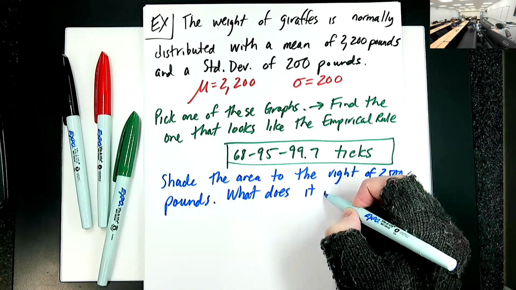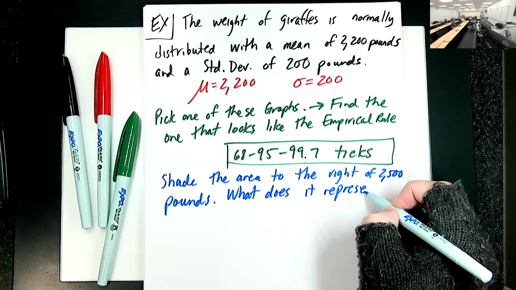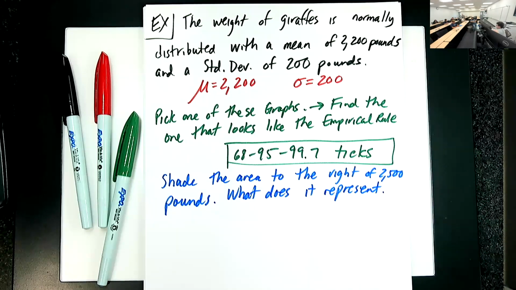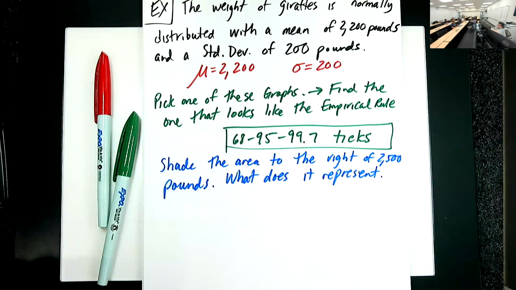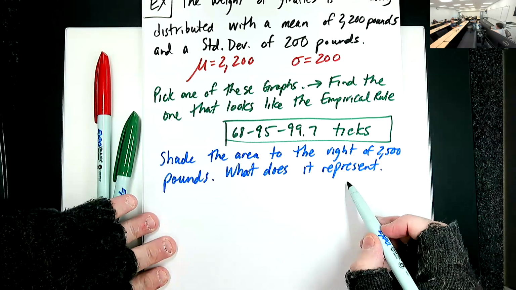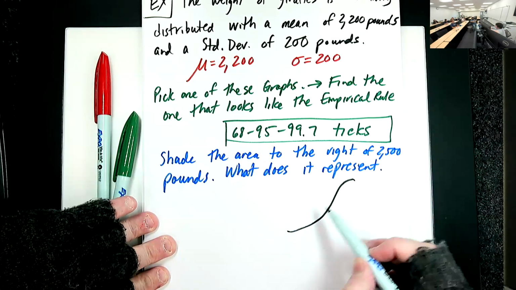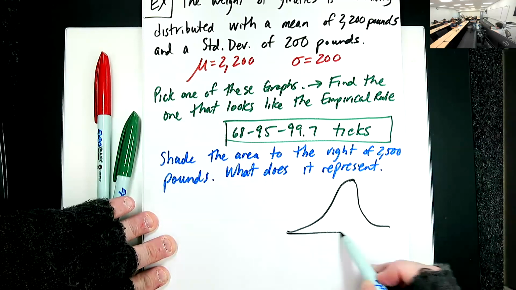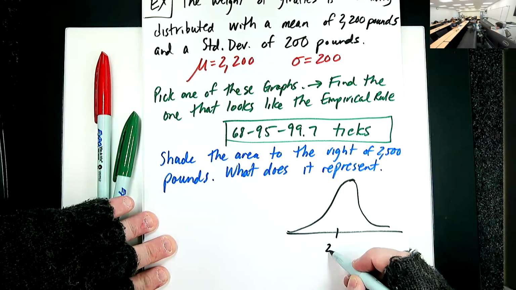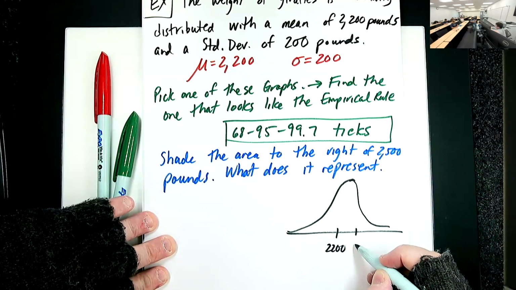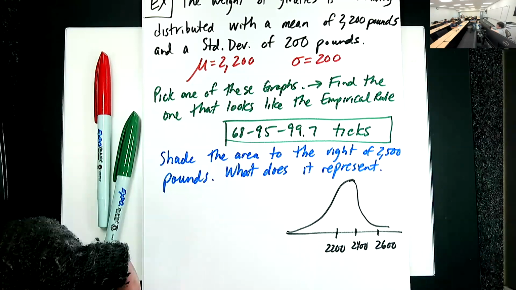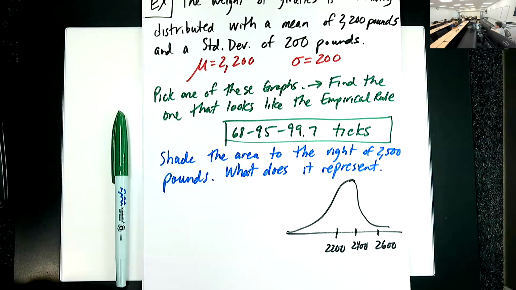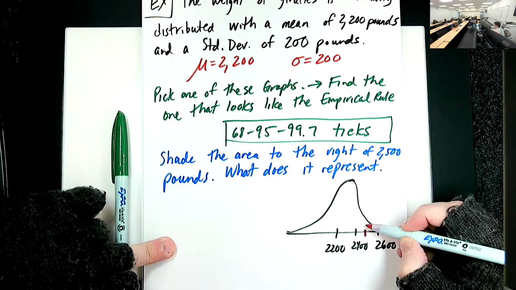Or what does it represent? 2,500 is like right there.